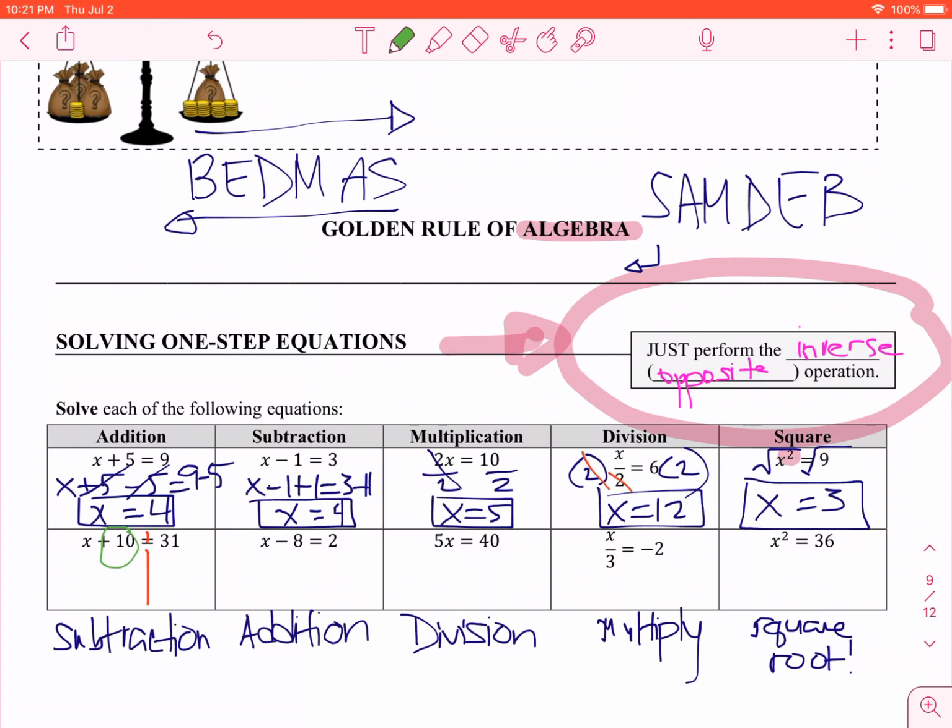Isolate means get x by itself. So I'm going to take that plus 10 and bring it to the right side. So that's going to be 31 now minus 10, because it's going to change its opposite operation. And then x will now be equal to 21.